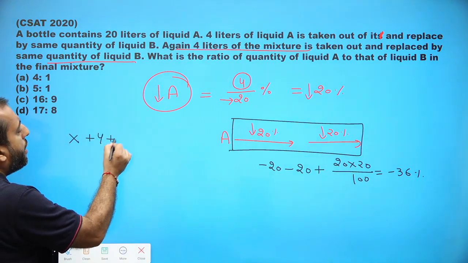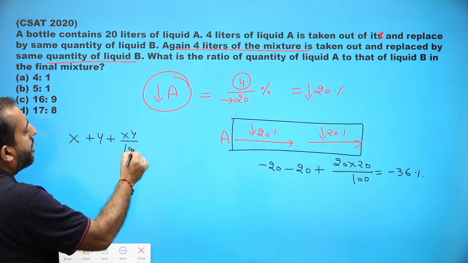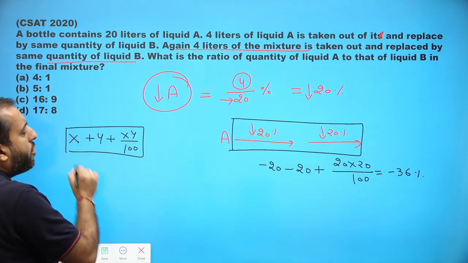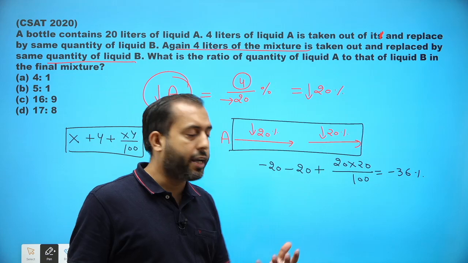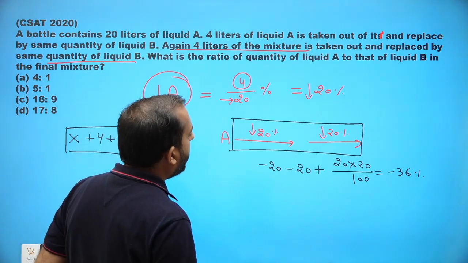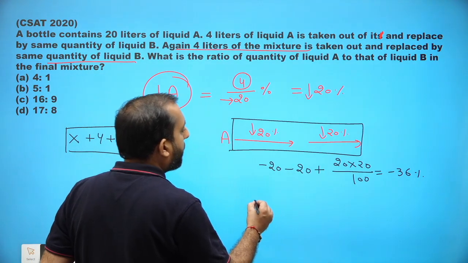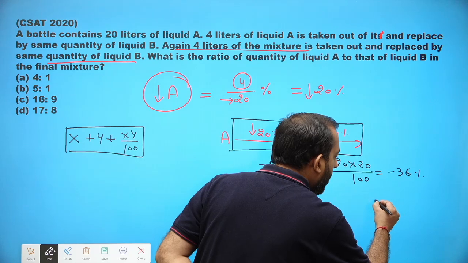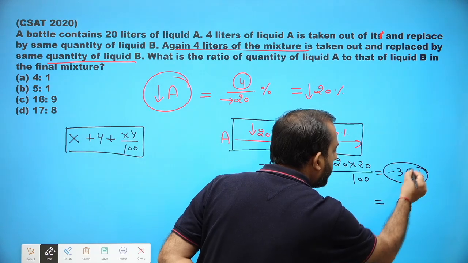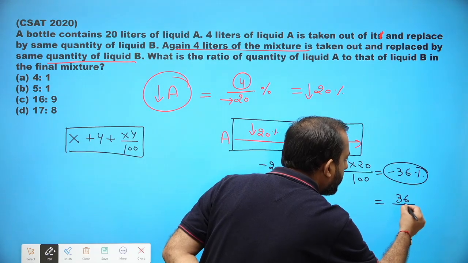I hope you remember this formula of successive change: x plus y plus xy upon 100. The negative sign over here shows it will be a decrement. What are we looking for finally? So a 36% decrement is there. What is 36%? 36% is 36 by 100.